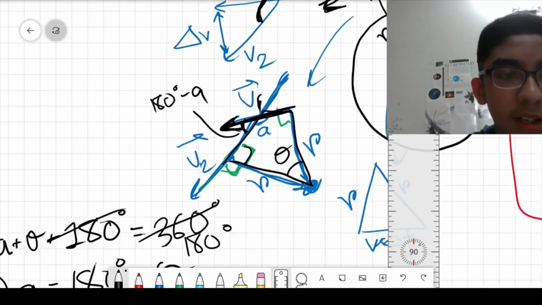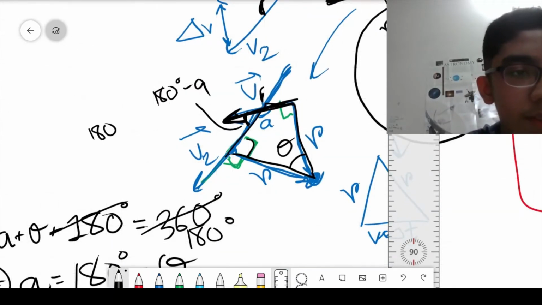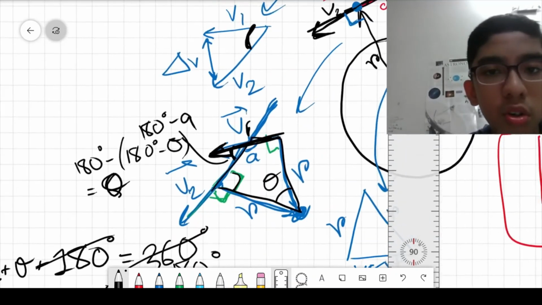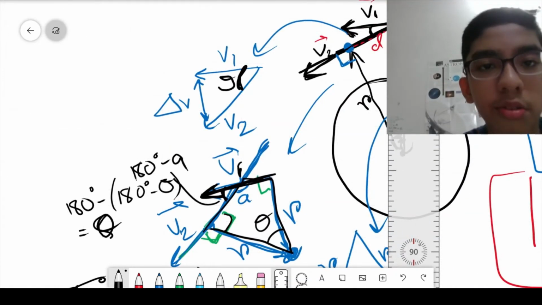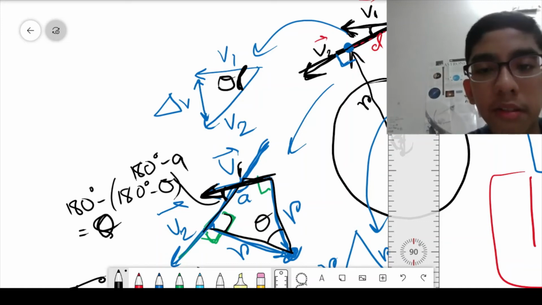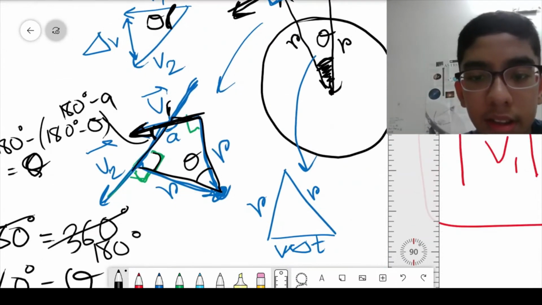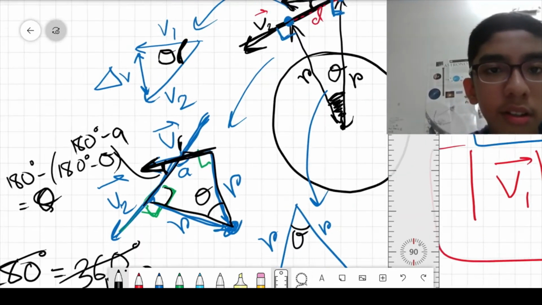And what is that? That's 180 degrees minus 180 degrees minus theta, and that's actually theta. So we can say that this is also theta. And now we have something interesting. You can see that in this triangle, this is theta, and in this triangle, this is also theta.